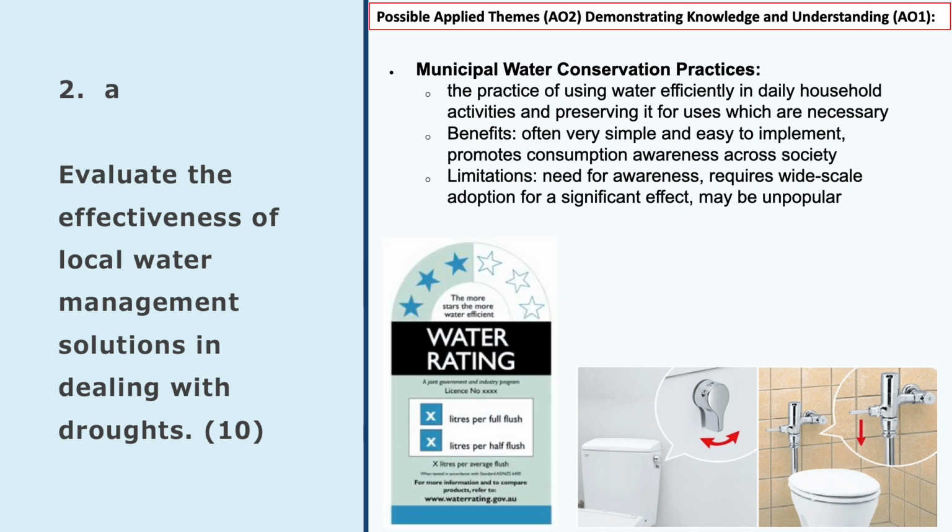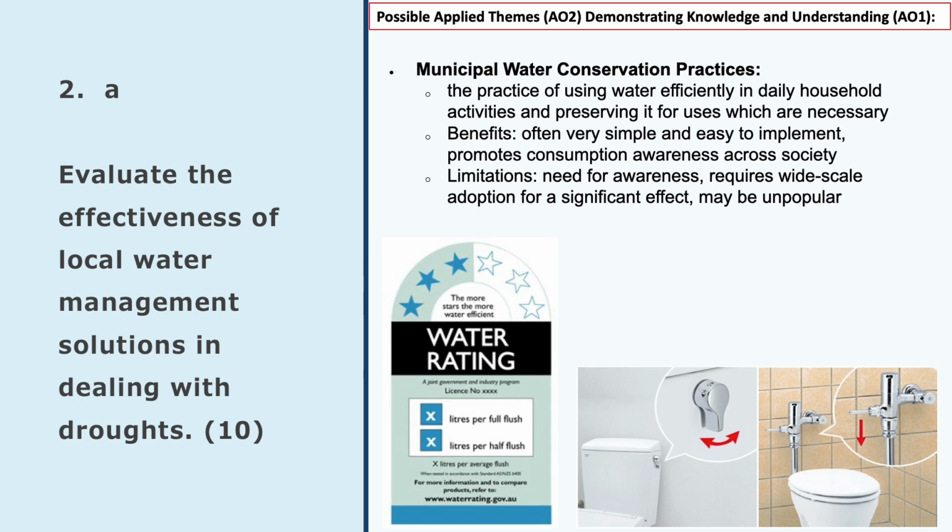So a washing machine, for example, does it use its water efficiently, or does it use perhaps too much water, more than it actually needs? And so these are often very simple and easy to implement, and they increase the awareness of everybody across the society. But people do actually need to know how to use them and the importance of using them.